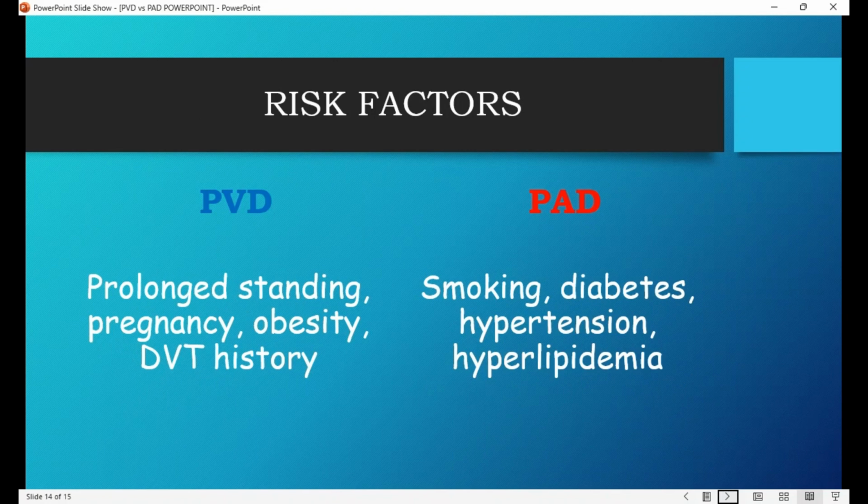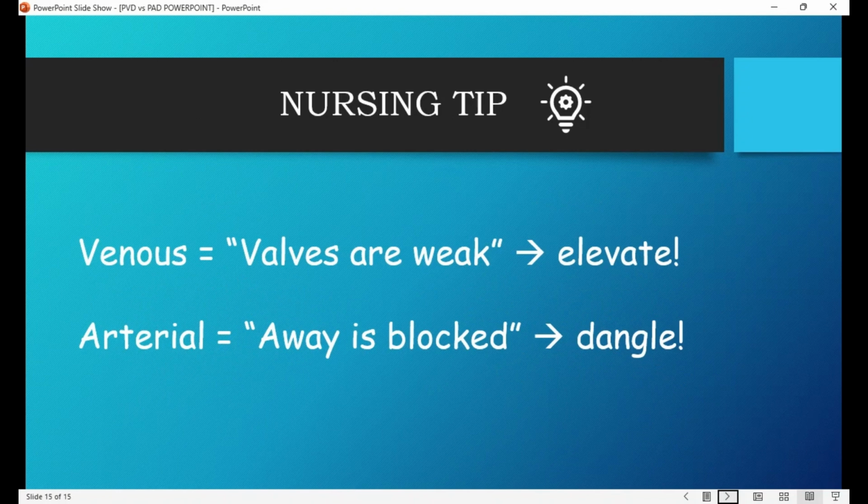In PAD, the risk factors are smoking, a history of diabetes, hypertension, and hyperlipidemia. A nursing tip for remembering PVD, which is venous, and PAD, which is arterial: with venous, the valves are weak, so you're going to elevate the feet. And with arterial, the way is blocked, so you're going to dangle the legs.